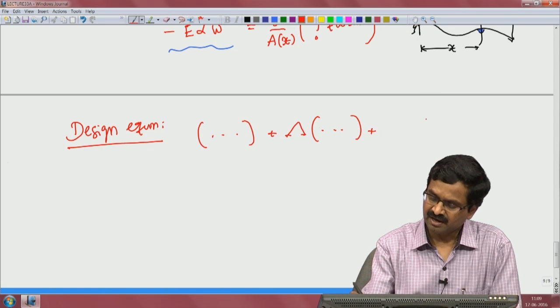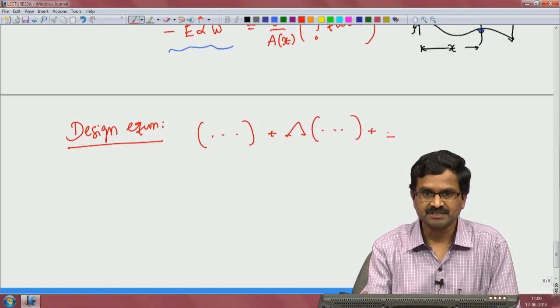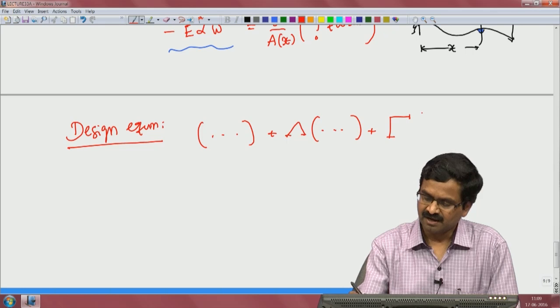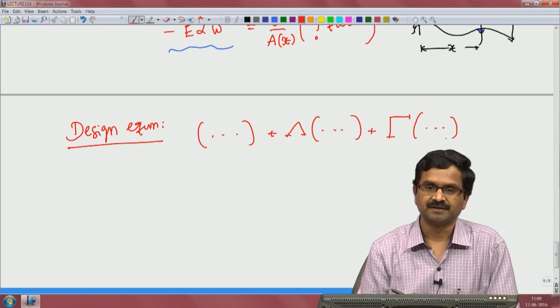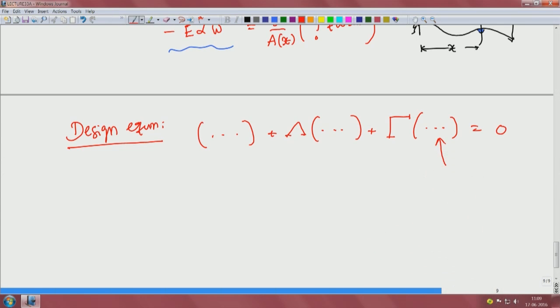Let us say I have another functional type constraint, with the Lagrange multiplier corresponding to this being gamma. That also will have something here, and that will be equal to 0, and this will be the gradient of that constraint. So, you have expressions for gradients coming out of this analysis.